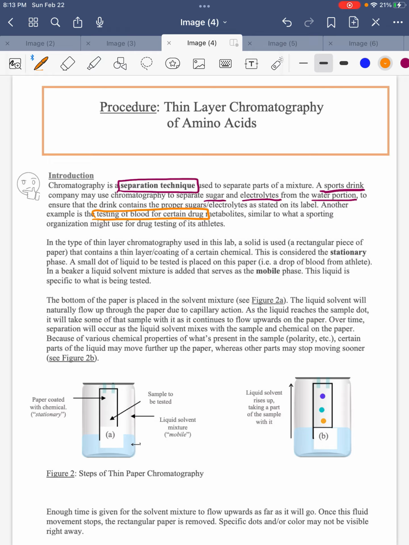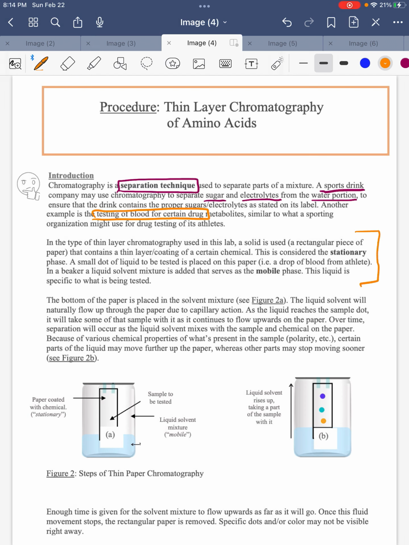The drug testing is a form of chromatography, where we can separate the blood components, just the regular blood cells and plasma, from particular drugs that we're looking for, or drug metabolites. Okay, I'm going to let you read through more of the specifics.